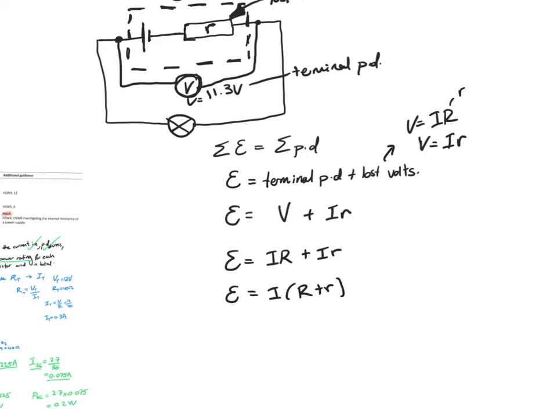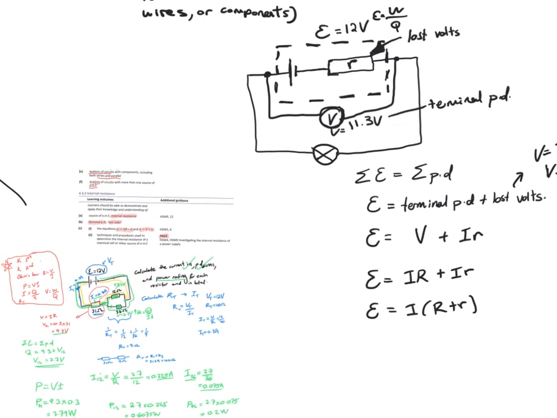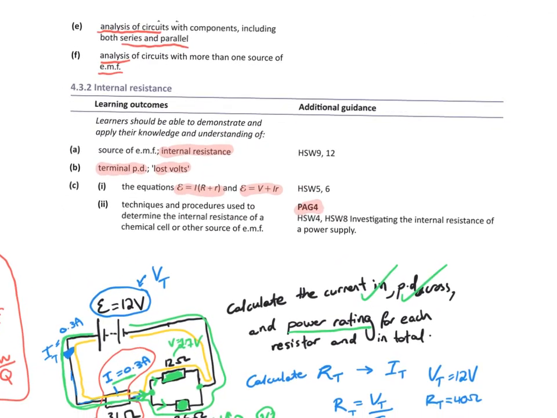So if I wanted to have a lower internal resistance for a power supply, I can connect two cells in parallel to each other. If I want a higher internal resistance, I connect them in series. So we deal with internal resistance the same way that we deal with normal resistance as well. So let's go back and check our checklist of outcomes.